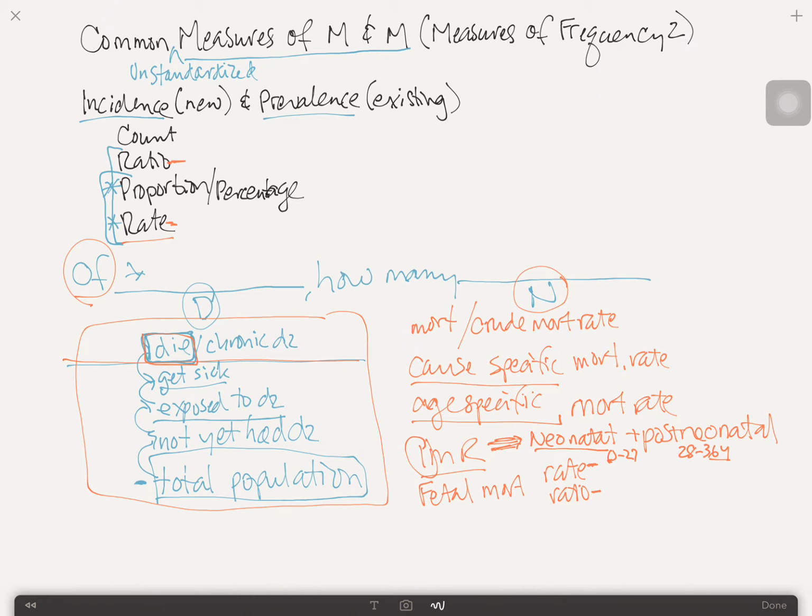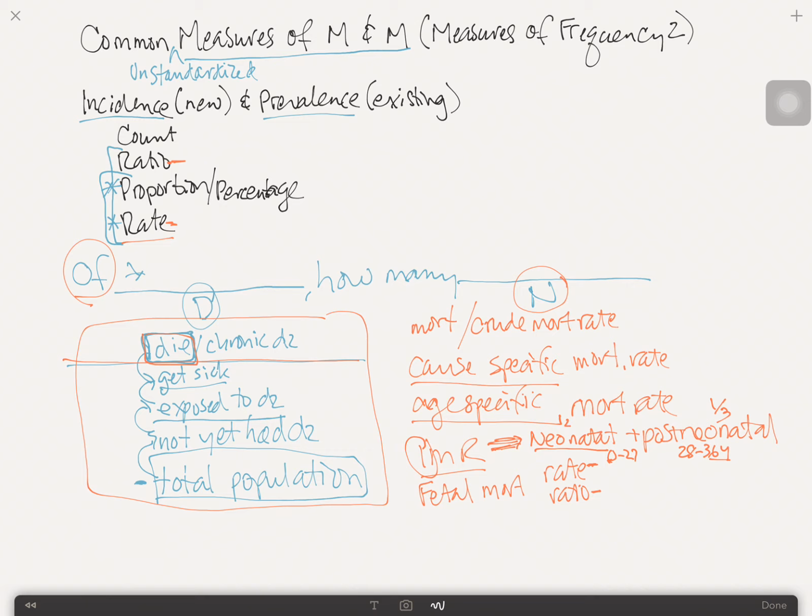I like to share a little bit about how that works. Post-neonatal tends to be about a third of the total infant mortality rate. And so if your infant mortality rate is approximately 6, you would have 2 post-neonatal and 4 neonatal.